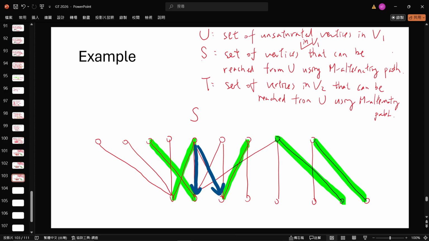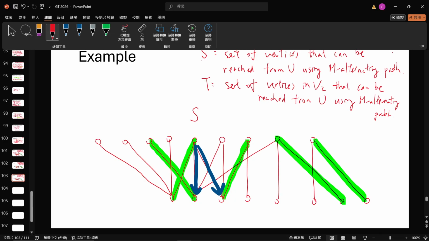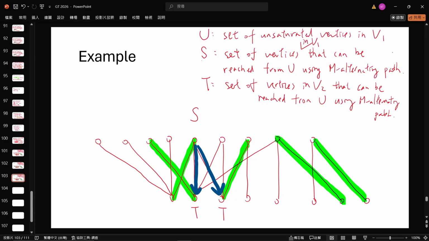Because, for example, you can observe that the reason that we can reach this vertex is like this. We can use first this edge not in the matching, followed by this in the matching, okay? So the next edge, if I want to go down to V2, must be some edges not in the matching, okay? So we use these 2 edges to reach these 2. So based on our definition, this will be in T, okay?